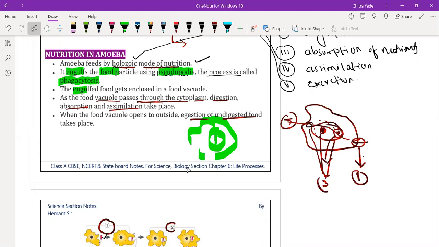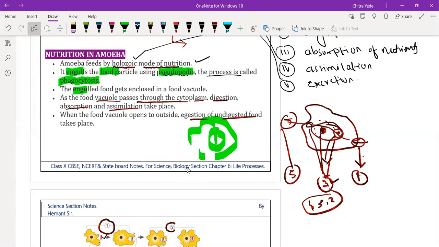Here three steps take place simultaneously, and last but not the least, the residue of the undigested food is removed out from the body, which is our fifth step. Here three steps means 2, 3 and 4, and here is the last step, which is the fifth step of the process of holozoic nutrition.